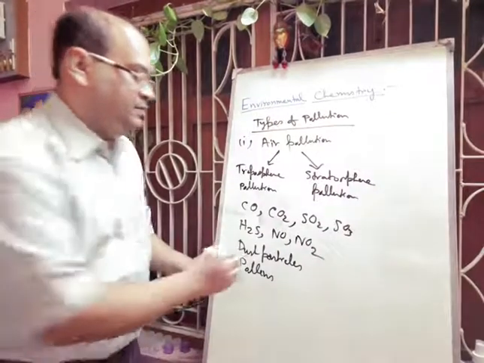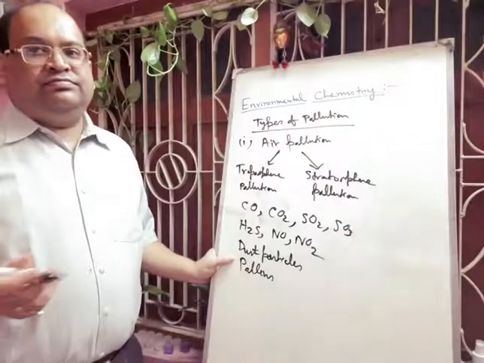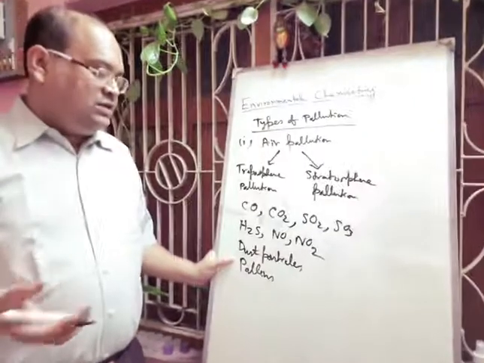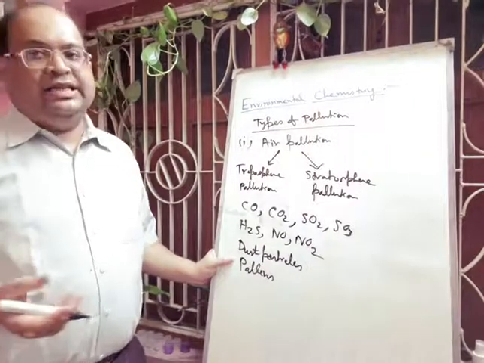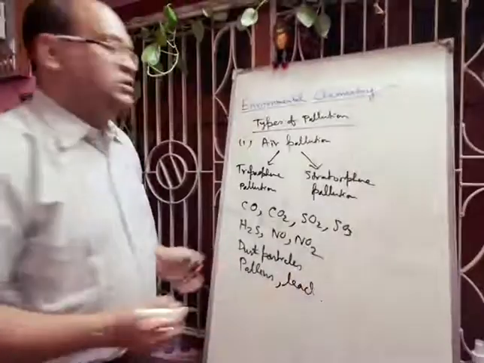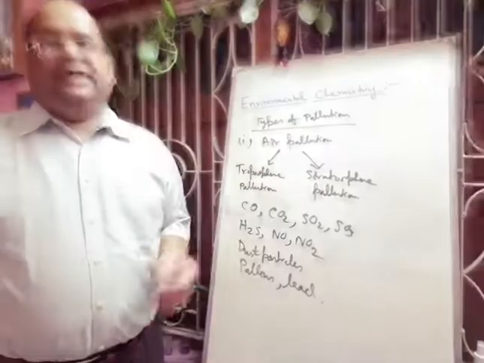These are the pollutants, or there may be lead poison from the vehicles. The smoke is coming, there is also lead. So this type of pollution is present in the troposphere.